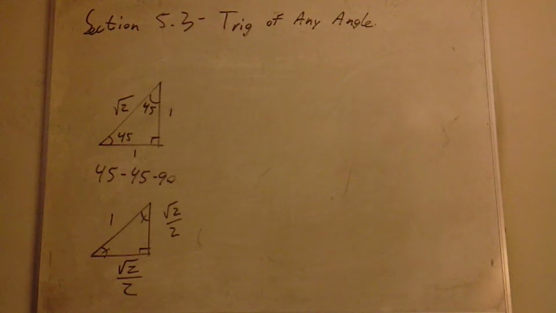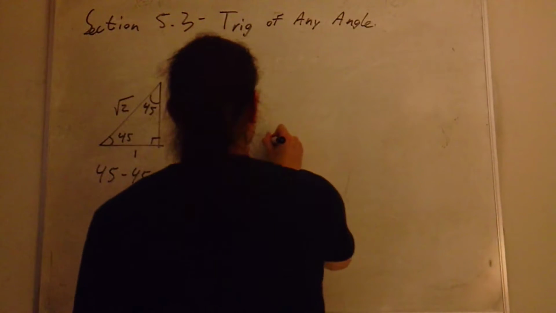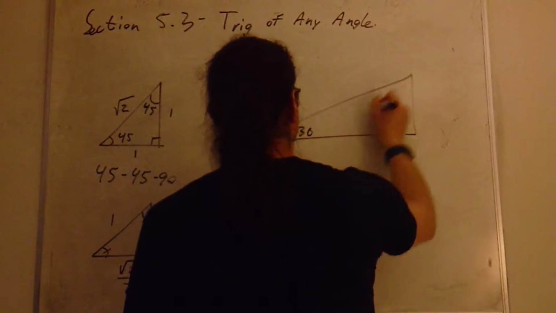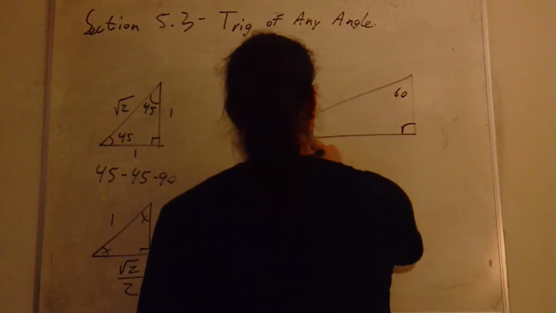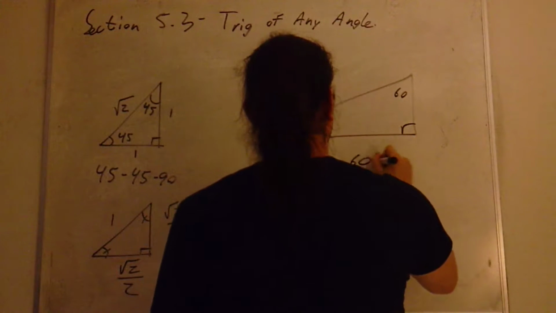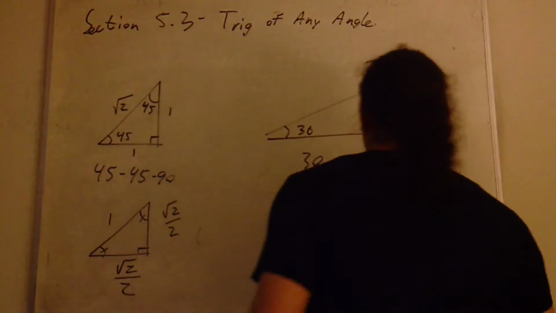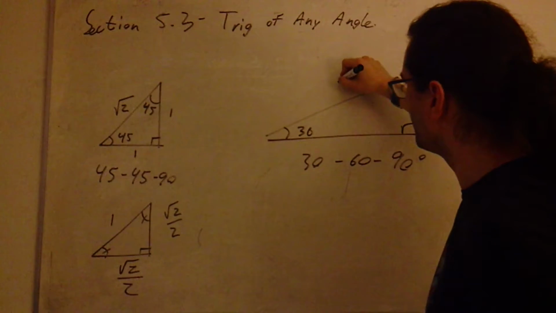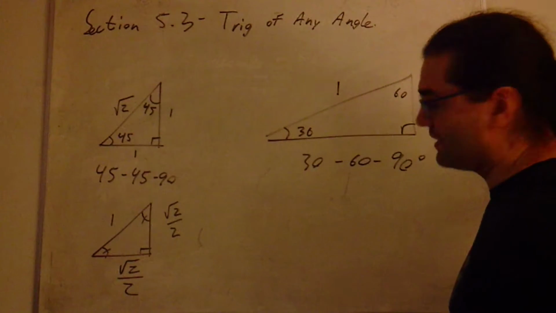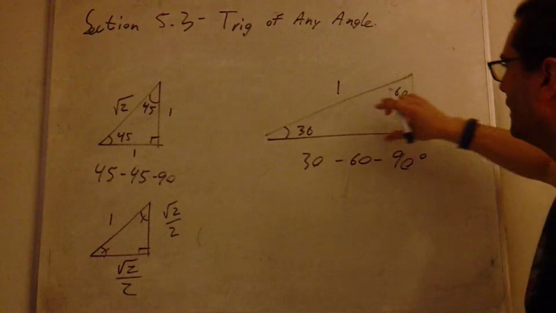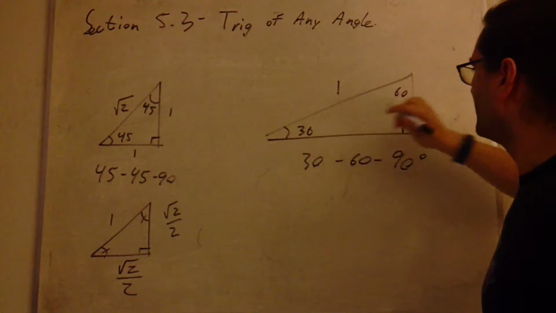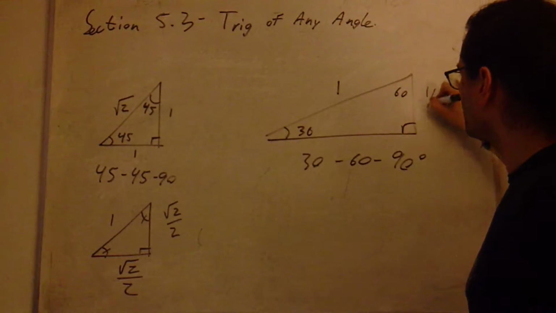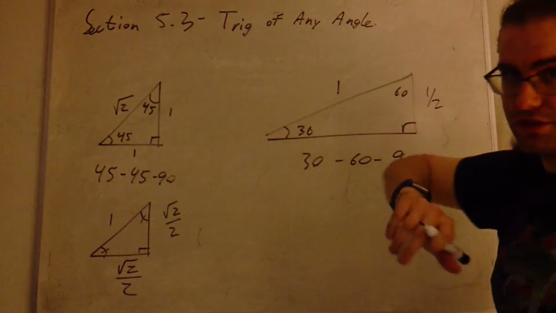The other super important triangle we're going to need to keep in mind is the 30-60-90 triangle. This one I'll start with the hypotenuse being 1. We saw in the last video that the ratios on this triangle are that the short side is always 1/2 the length of the longest side.